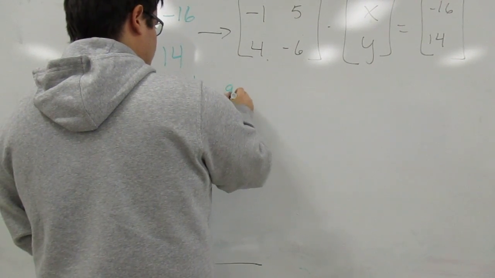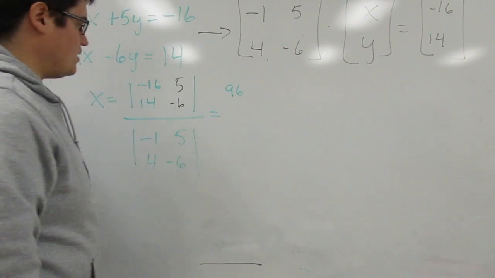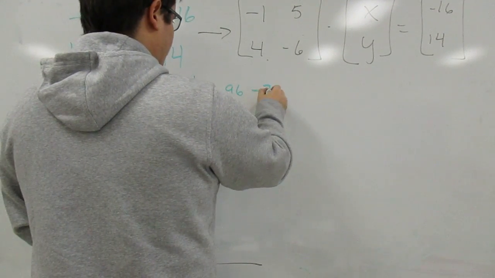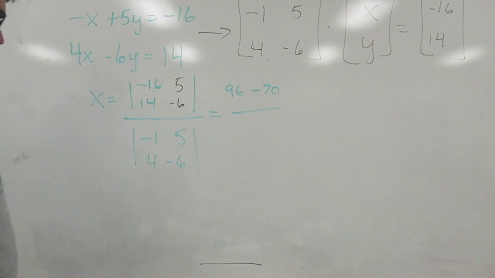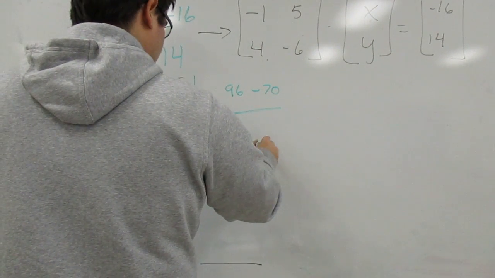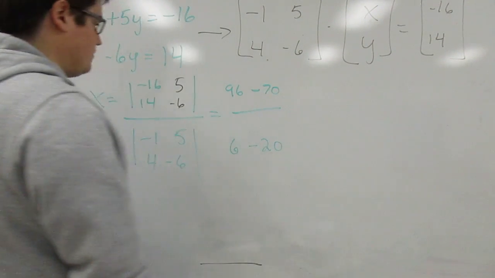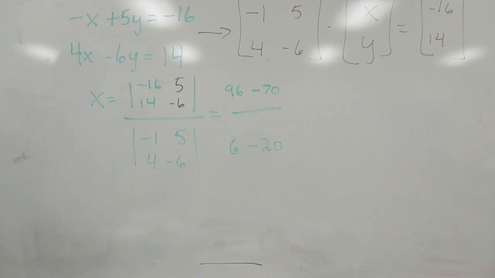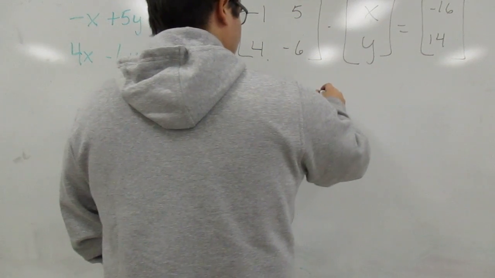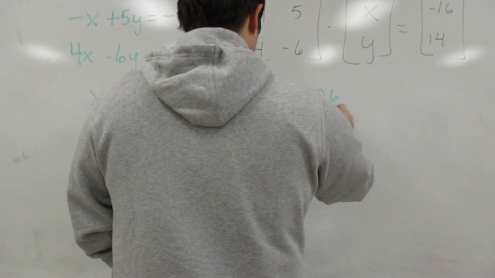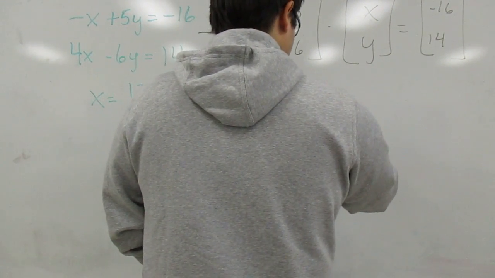So positive. Okay. Then minus 70. All over, and then you just find the determinant of this guy. 6 minus 20. Okay. Okay. That's going to give us a, what, 26. Over 6 minus 20 is 14.